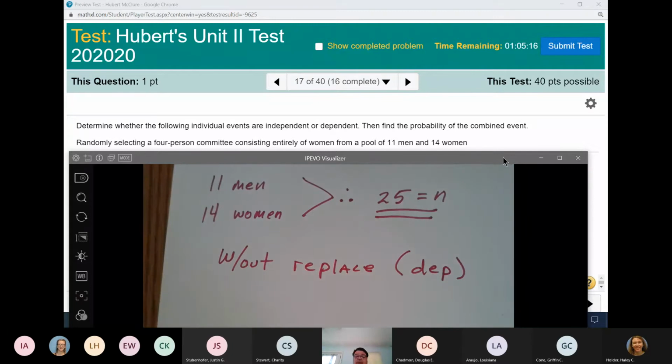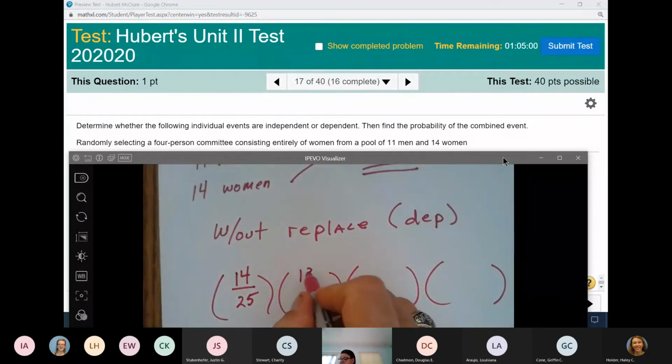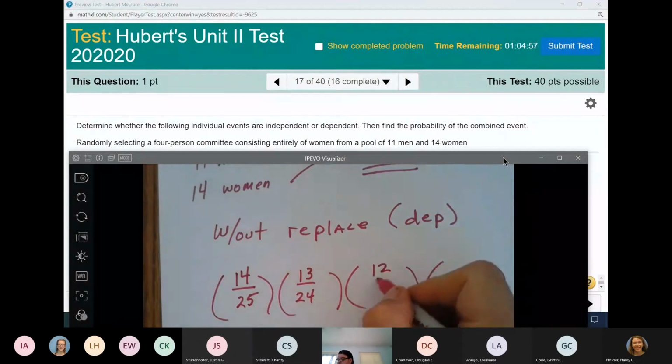And how many women are we going to pick? 4. And how many women are there? 14 out of 25. Then 13 out of what? 24. 12 out of 23.